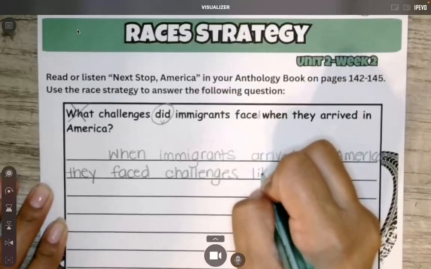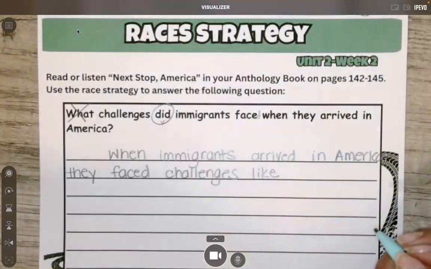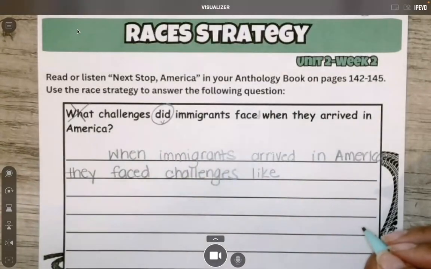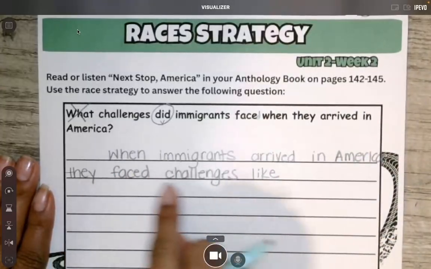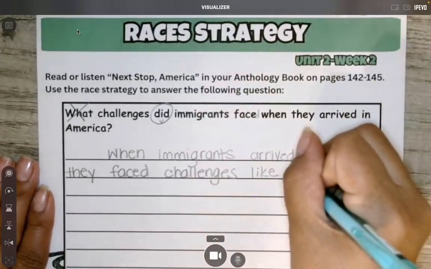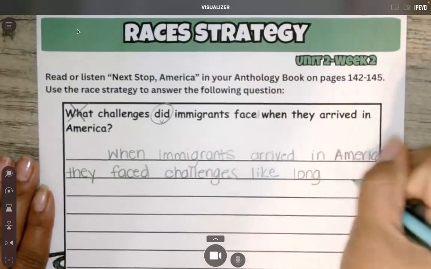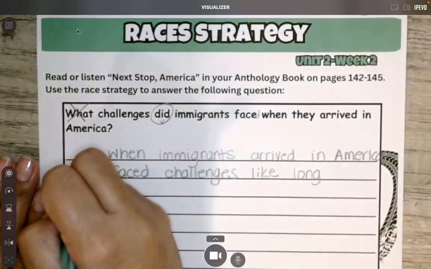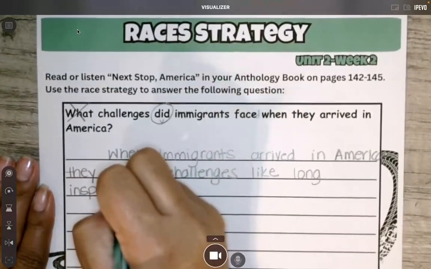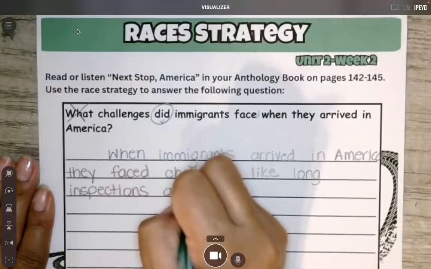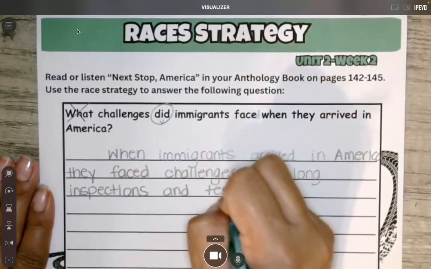So what kind of challenges did they face? There's a few in the text. You can do your own or you can follow along with me. I think I'm going to be talking about when immigrants arrived in America, they faced challenges like long inspections. I don't think I can fit it there, so inspections and tests.